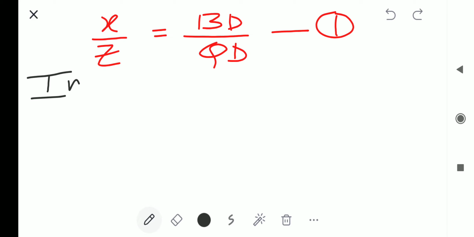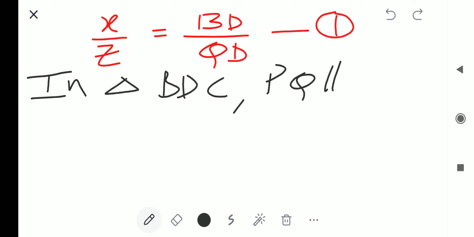In triangle BDC we have PQ parallel to DC.